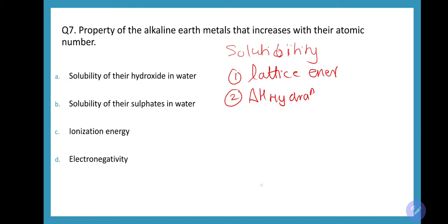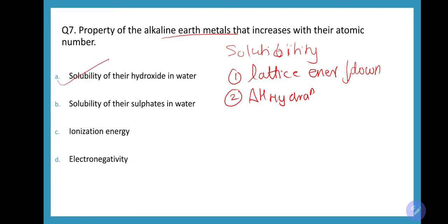In case of alkaline earth metals, the lattice energy decreases as we go down the group. This decrease is more than the decrease in hydration energy down the group. So the correct answer is solubility of their hydroxide in water.